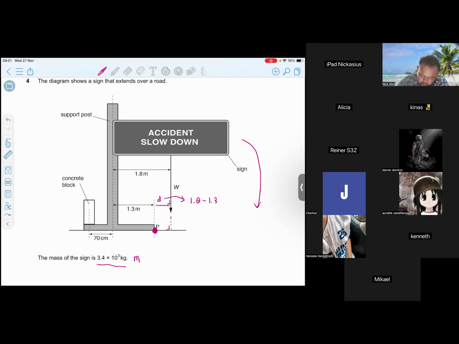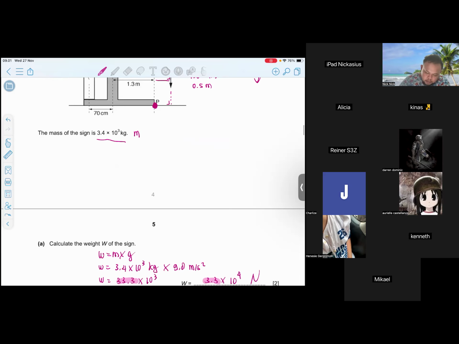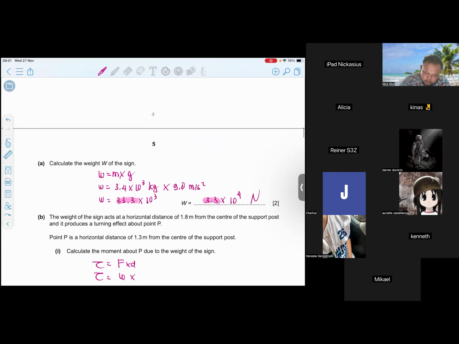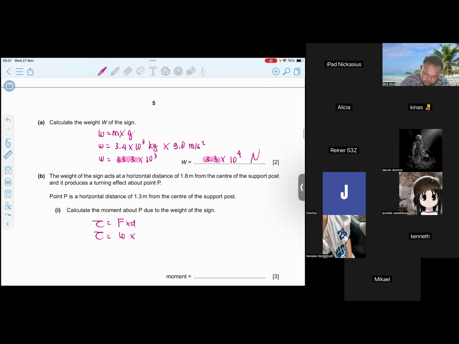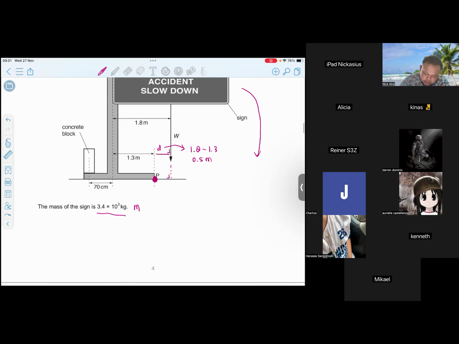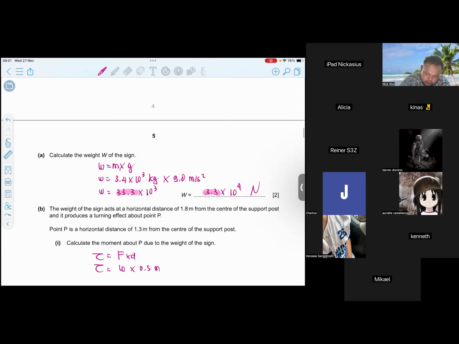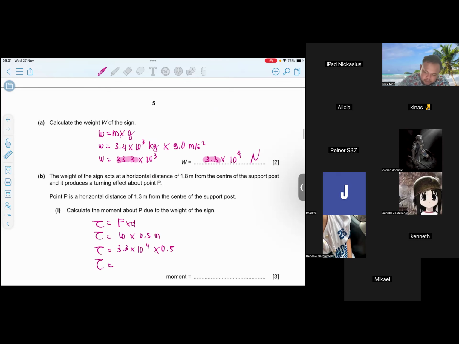So it is 0.5 meter, right? And then the weight from the previous calculation is 3.3 times 10 power 4 times 0.5. The unit later, newton meter.